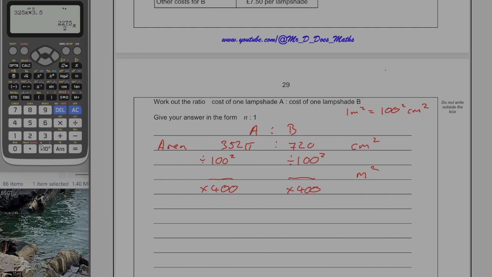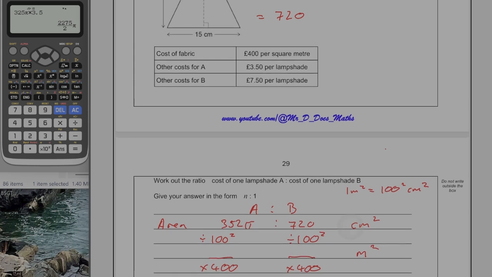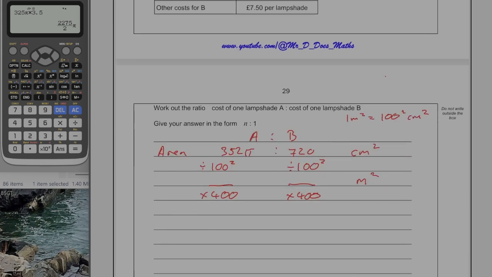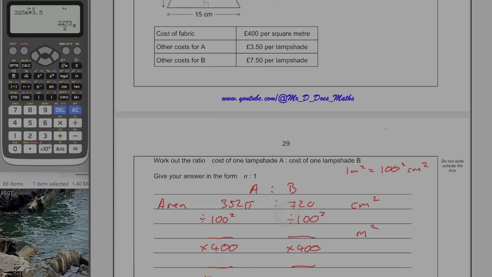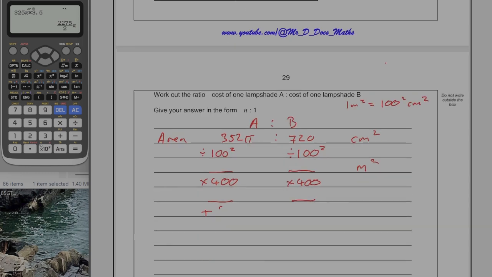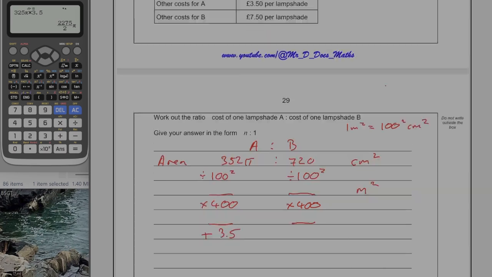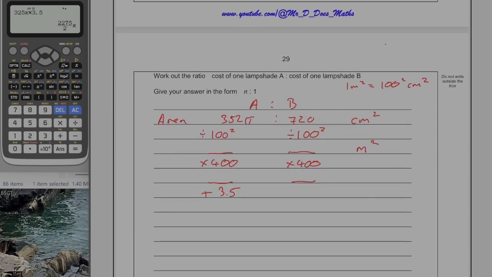And then that will give me the cost, but then to that value I need to add on. So I'll leave that blank for now, but then I'm going to have to add on for the cost for A, £3.50, the cost for lampshade B, £7.50. So that will give me my total cost.